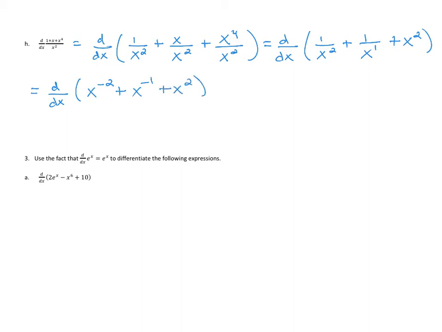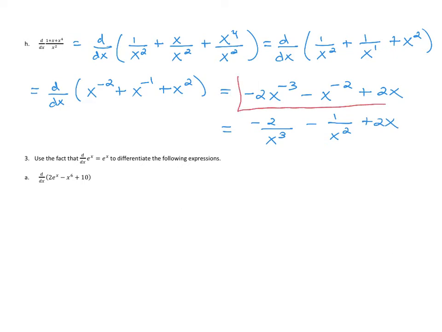I can now take the derivative. I get negative 2x to the negative 3 minus x to the negative 2 plus 2x. If you want to get rid of the negative exponents, you could write it like this. Either of these forms are acceptable.